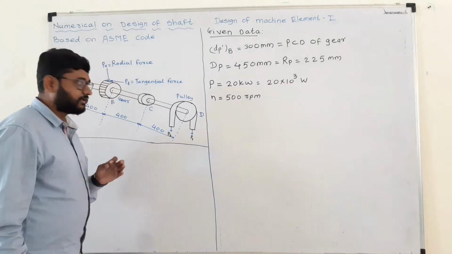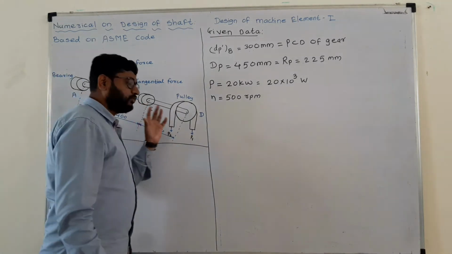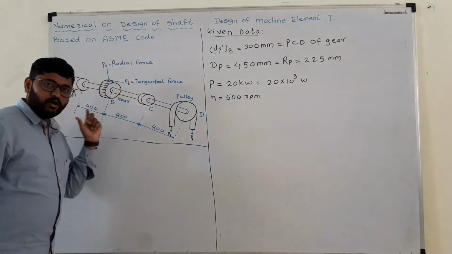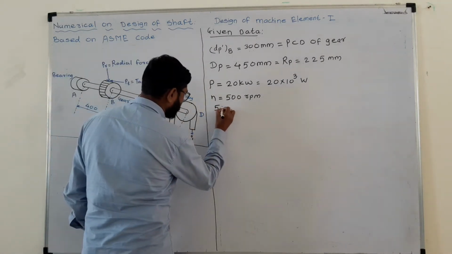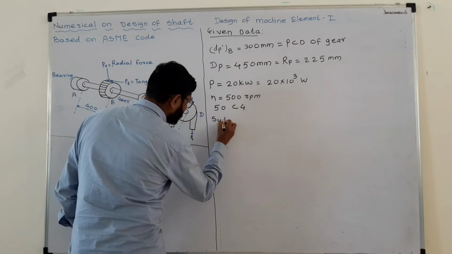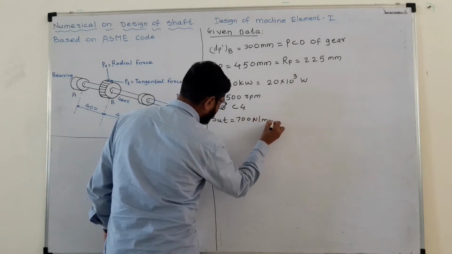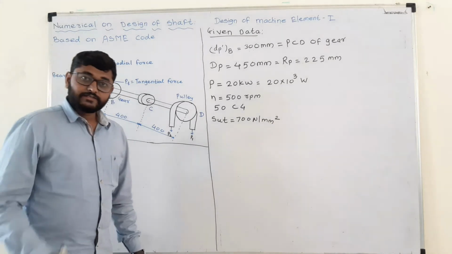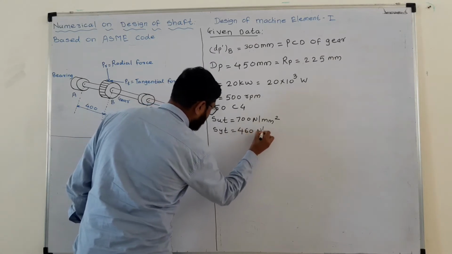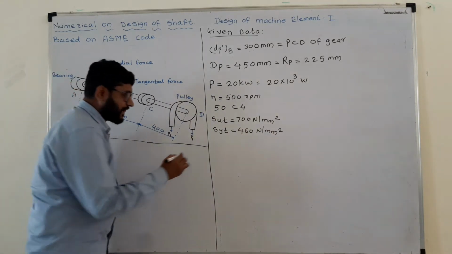The pulley runs at 500 rpm, and the gear and pulley are keyed to the shaft, which means we have to consider the effect of the keyway on the shaft. The material of the shaft is 50C4, having ultimate tensile strength of 700 Newton per mm square and yield strength SYT of 460 Newton per mm square.